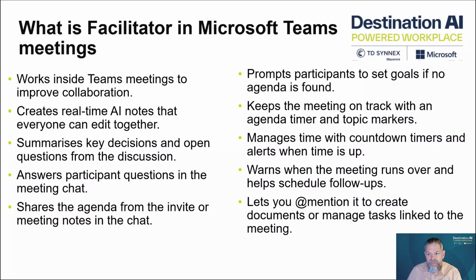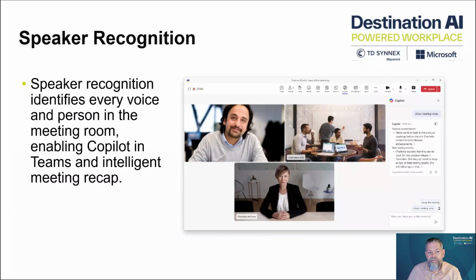But one of the first steps we need to think about is the ability to recognize that person, to leverage that voice. So speaker recognition identifies everybody in the room, enabling Copilot in Teams and intelligent recap to occur. In addition to that, there's more functionality we get by allowing our voices to have that attribution to understand who's saying what.